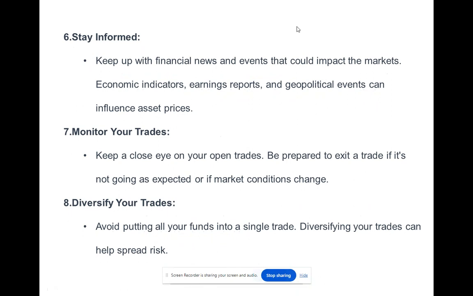Economic indicators, reports, and geopolitical events can influence asset prices. Maybe during this section, I'm going to explain the difference between the real market and the OTC market. But not today, maybe next time.